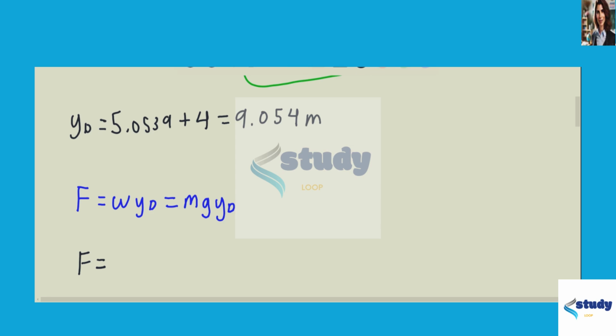So we take the mass per unit length, which is given as 2, times the acceleration due to gravity, and then times the length y of d. And this will give us a force that's equal to 178 newtons.